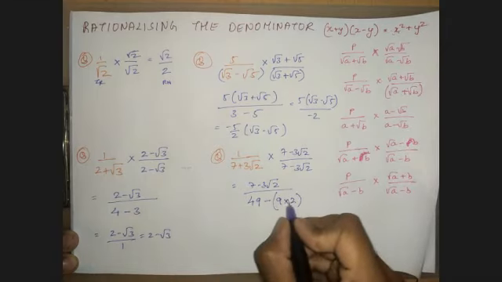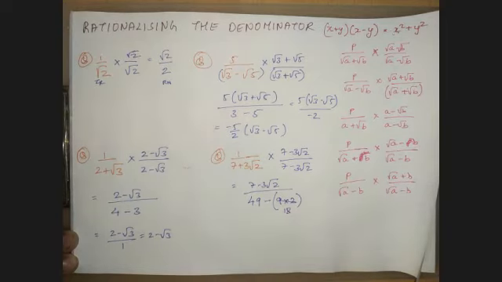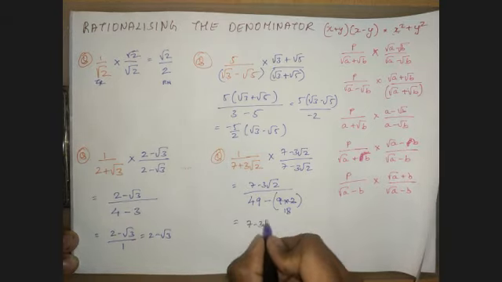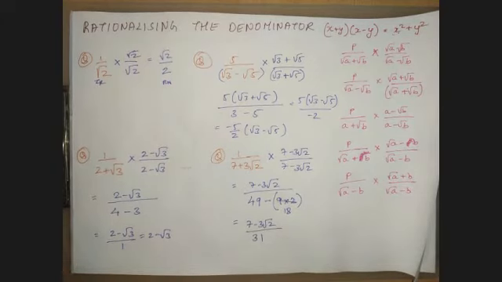So this would be 9 twos are 18. So 49 minus 18, I would get as 31. So 7 minus 3 root 2 divided by 31. So here we have how to rationalize the denominator.